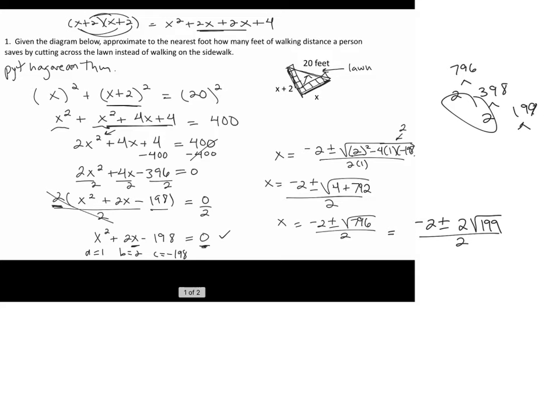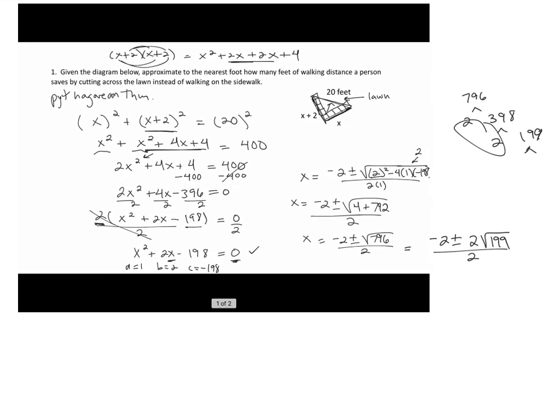And, well, they just want me to approximate to the nearest foot, so that's my clue that I don't really need to simplify this. If I did, that's negative 1 plus or minus root 199 over 1, which it doesn't need. So let's see which of these answers is going to make sense, because that's two answers there, right?